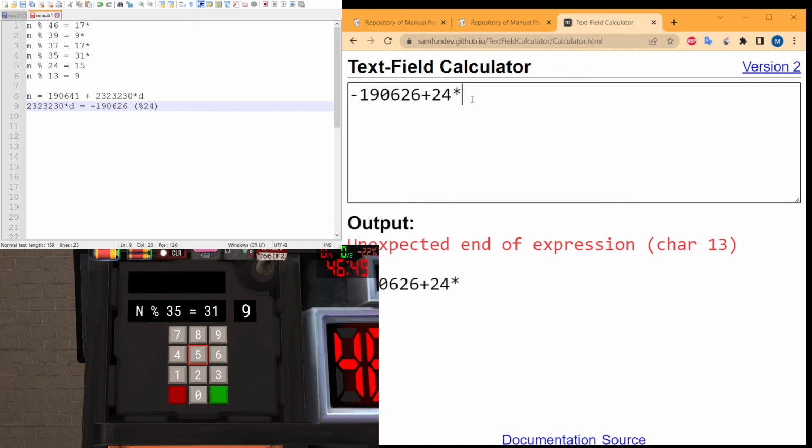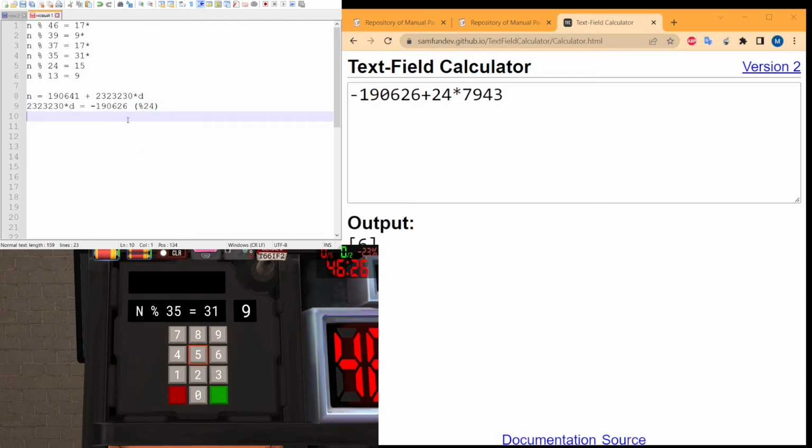How many times? It gives us a number of 6.